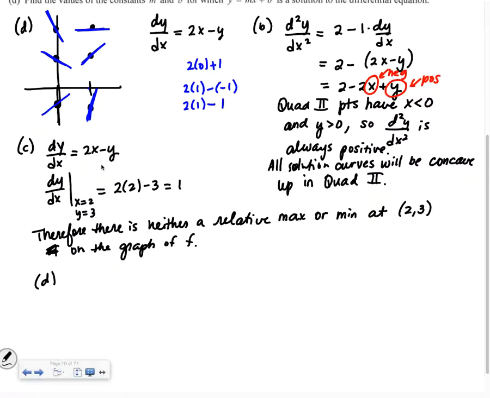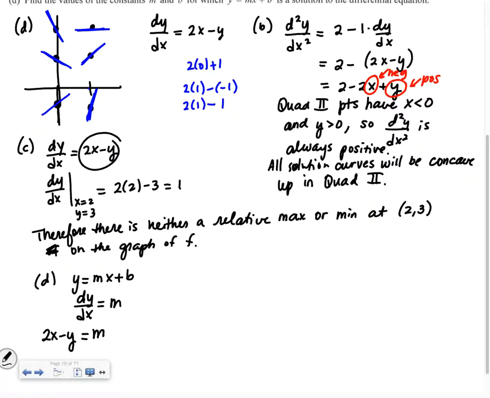So we're saying, well, what if y equals mx plus b was a solution? If y equals mx plus b is a solution, that means when we take the derivative, our derivative ends up just being m, right? The derivative of mx plus b is just whatever m is. So that means our 2x minus y that we had before has to equal m. That's an equation that has x and y.